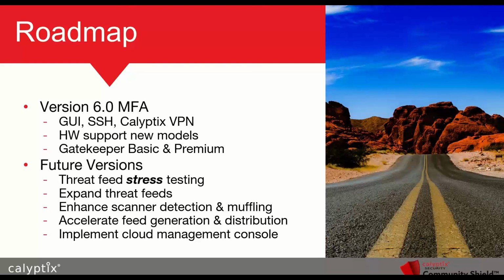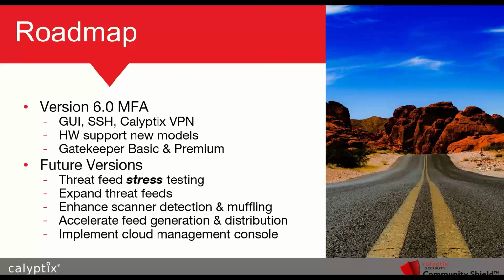In the next version, which we're going to call version 6.0, the big thing is multi-factor authentication across the GUI, as in the Access Enforcer's web console, and the SSH service, as well as Calyptix VPN. For Calyptix VPN, there'll be integration with Duo as well.